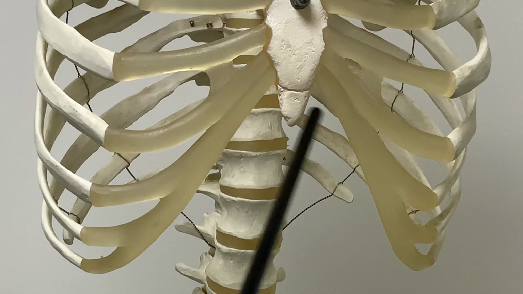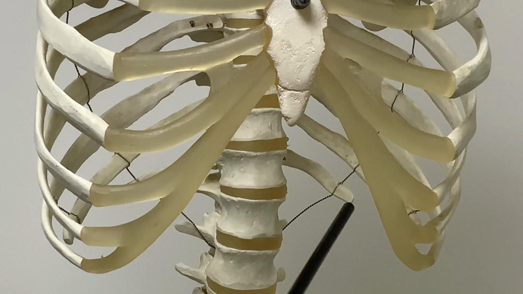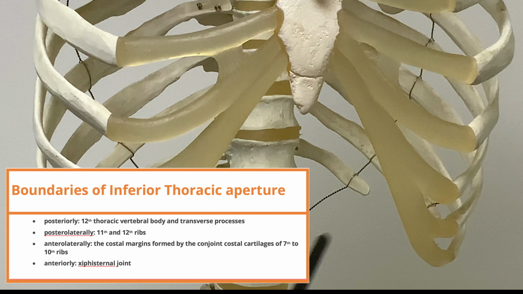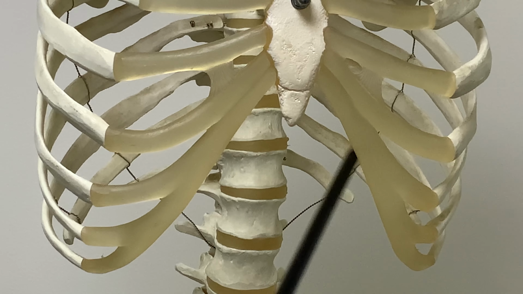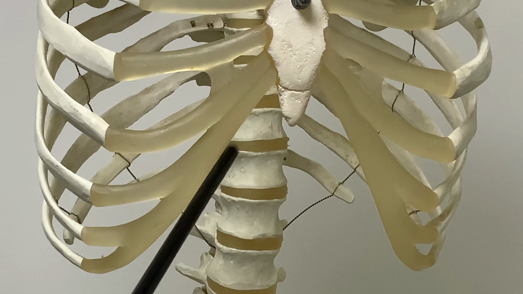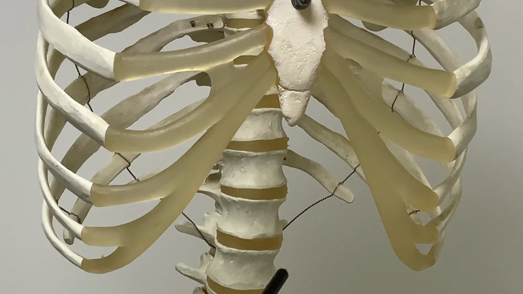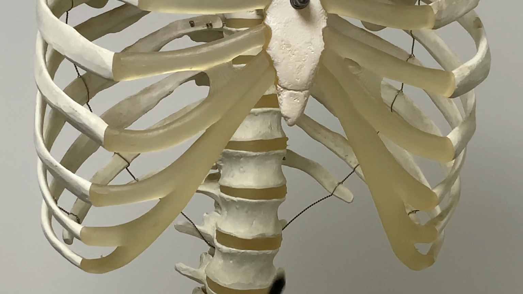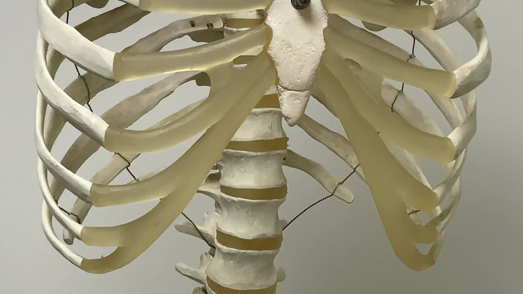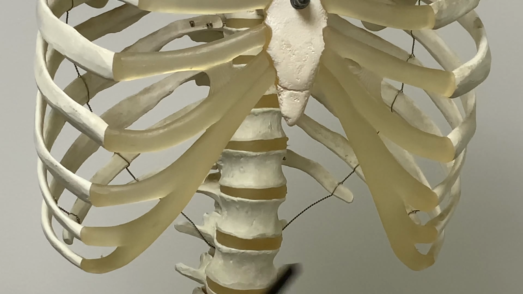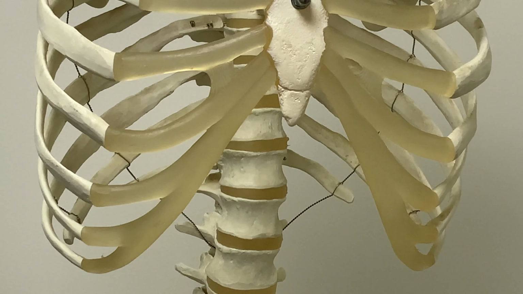Now we are looking at the inferior thoracic aperture, and again anatomists call it the thoracic outlet, but clinicians call it the thoracic inlet. So anatomists: superior thoracic aperture, thoracic inlet; clinicians: thoracic outlet. Don't get confused with this overlap of the terms.